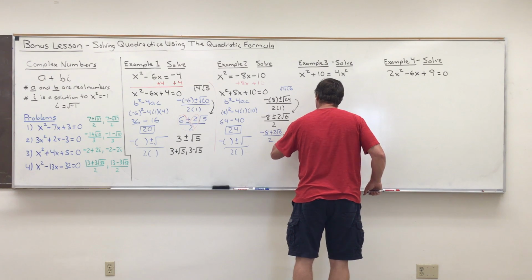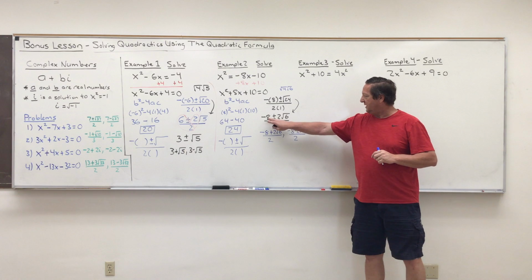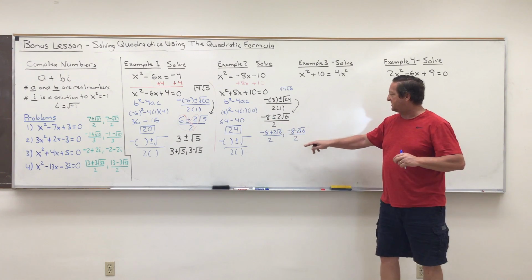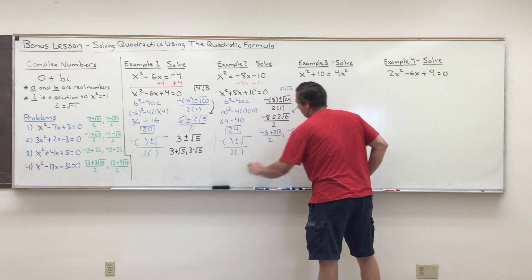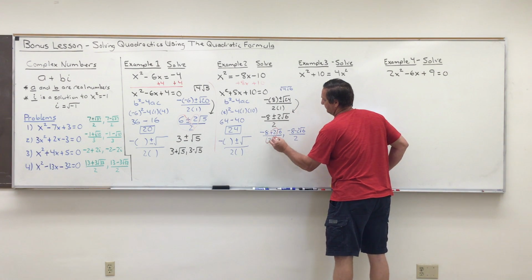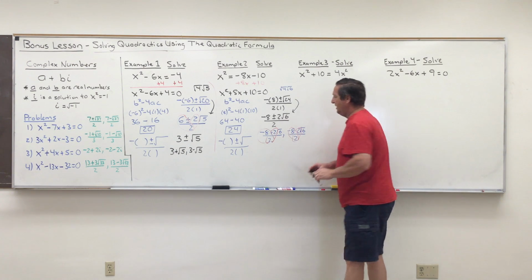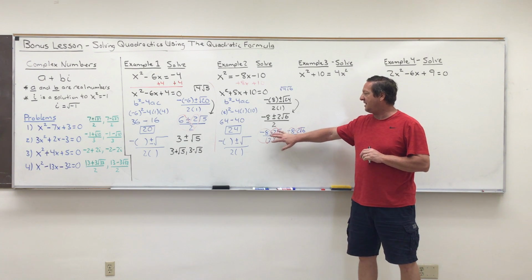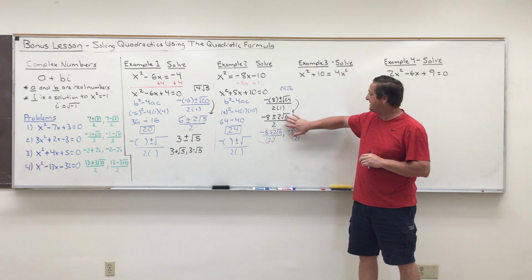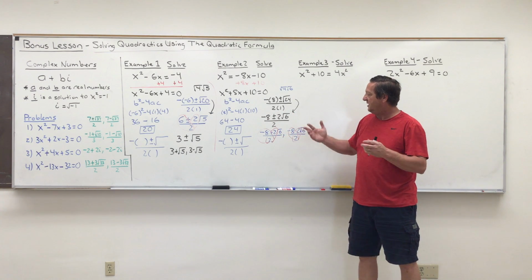They'll write negative 8 plus 2 radical 6, so they'll do one with the plus and one with the minus. And then they'll simplify. And I think the reason why they do that is that not every problem will simplify. So if it doesn't simplify here, if there's no work to do, then you might see this.